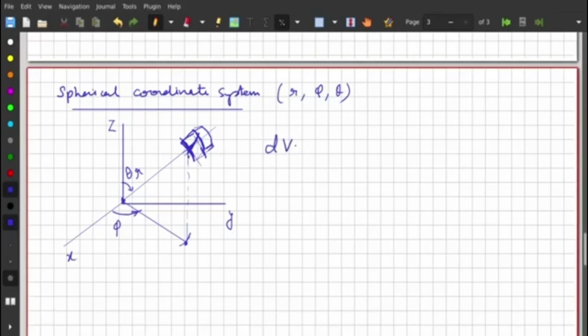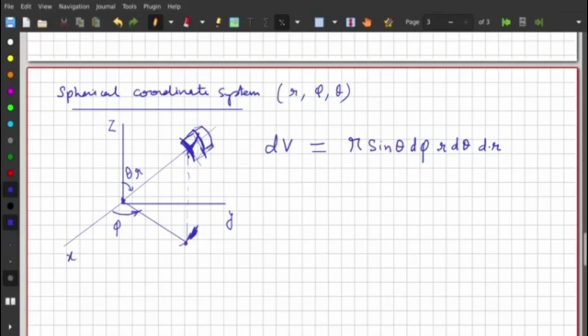So let's write dV. This is the volume element, and if you see the three dimensions of the cube, it will be r sine theta d phi in this direction, times r d theta, which is this direction, times dr. That's the volume element in the spherical coordinate system, the generic volume element.